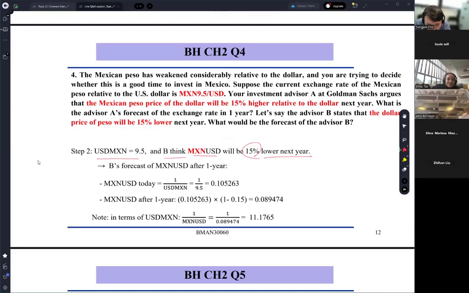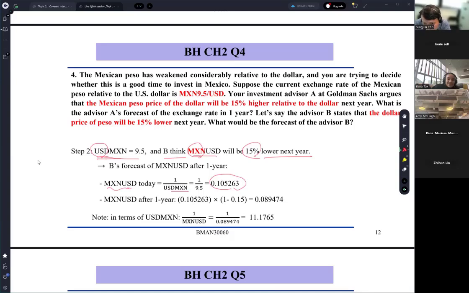When we talk about appreciation and depreciation of the dollar, the dollar should be in the denominator. When you talk about appreciation and depreciation of the Mexican peso, the peso should be in the denominator. So we need to translate today's USD/MXN into today's MXN/USD, which is just the reciprocal. So this is today's MXN/USD.